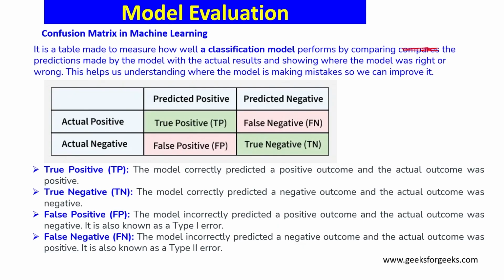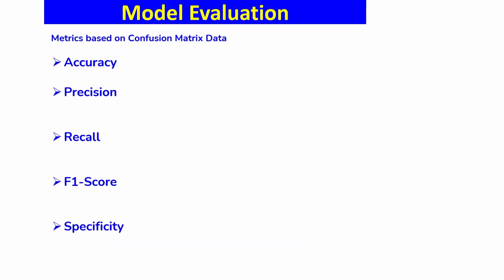In case of false positive, the actual outcome was negative and the model has predicted a positive outcome. That is why it is called a false positive. But in case of false negative, the model is predicting a negative outcome incorrectly and the actual outcome is positive. This is also called a type 2 error.